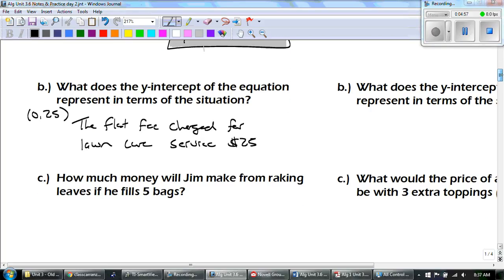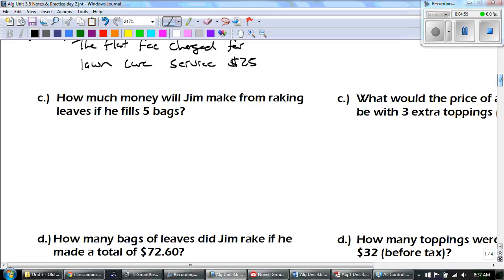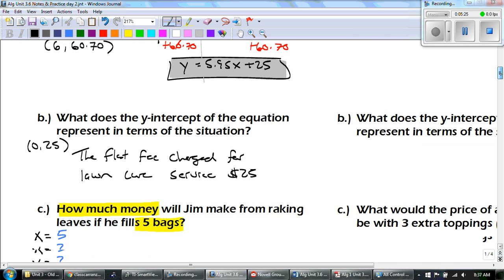All right, C. How much money will Jim make from raking leaves if he fills 5 bags? So remember, X and Y. How much money we don't know, but we do know 5 bags. Okay, so bags was our X and Y, we don't know. So we're going to go back and use that equation.